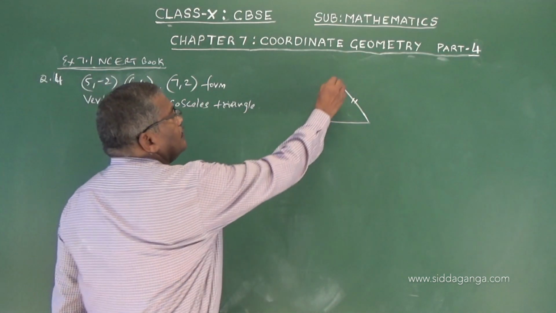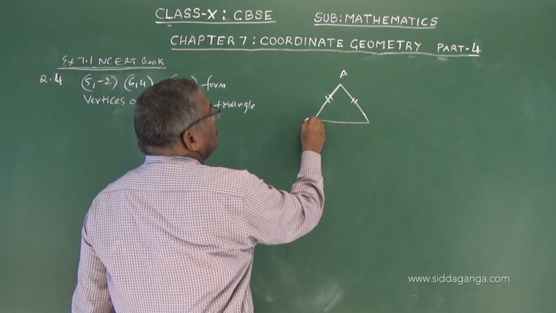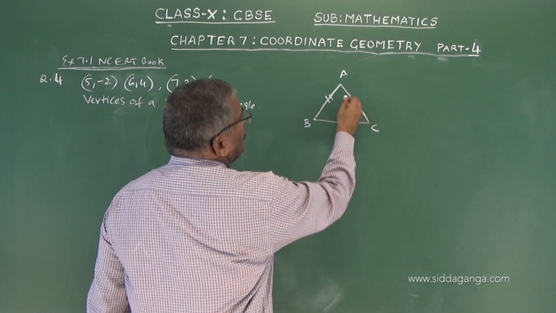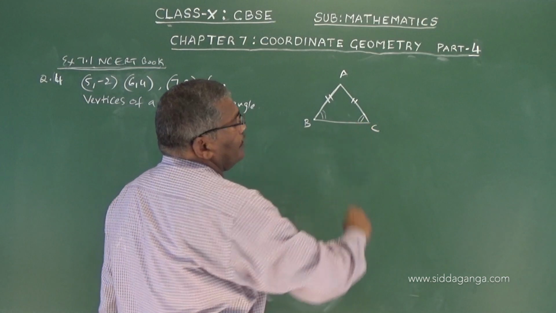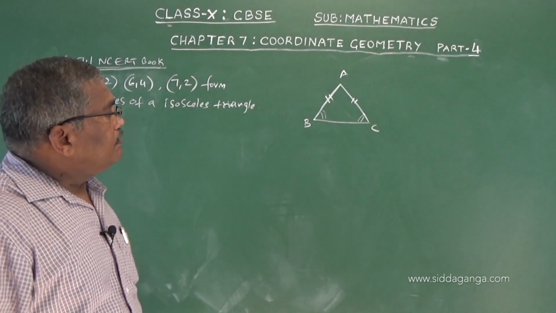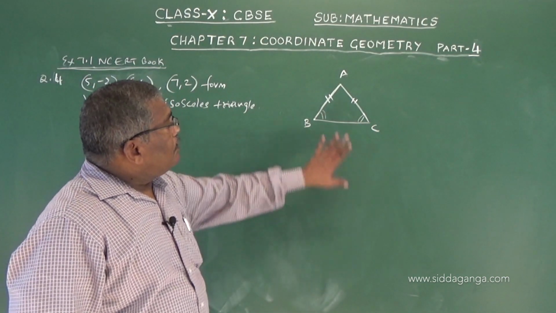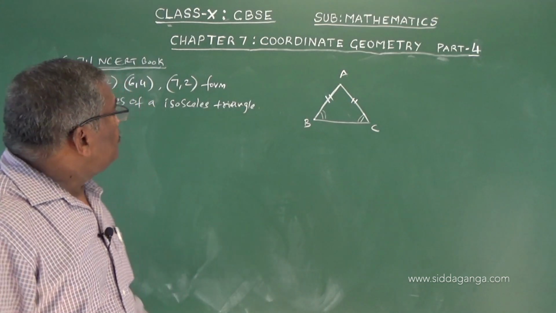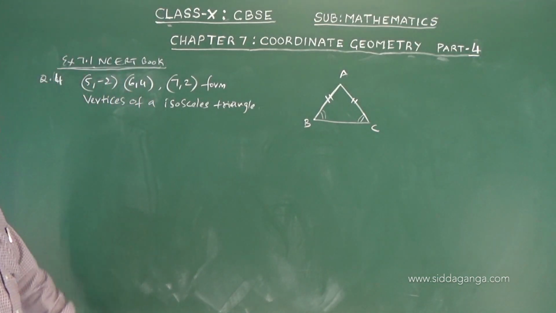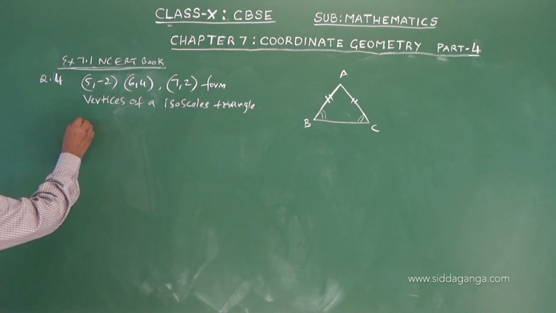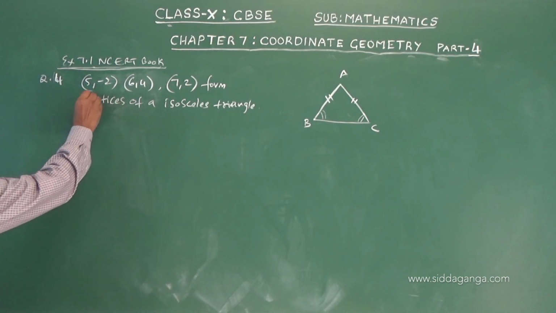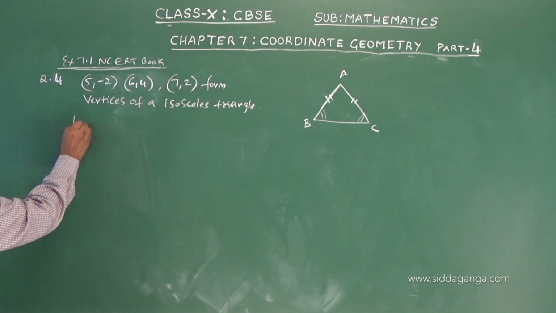Suppose this is A, this is B, this is C, and two sides are equal, then obviously these two angles will also be equal. That you have learnt in geometry. So now we have to prove that it forms an isosceles triangle. So name these points as ABC.